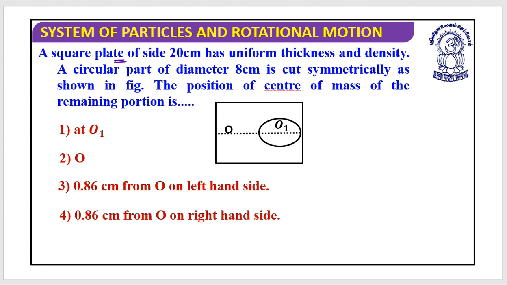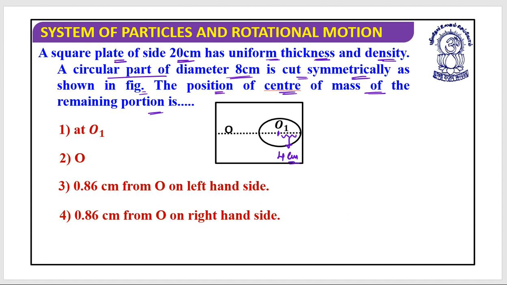It says that a square plate of side 20 centimeter has uniform thickness and density. A circular part of diameter 8 centimeter, that means the radius is 4 centimeter, is cut symmetrically as shown in the figure. The position of center of mass of the remaining portion is, okay, great.